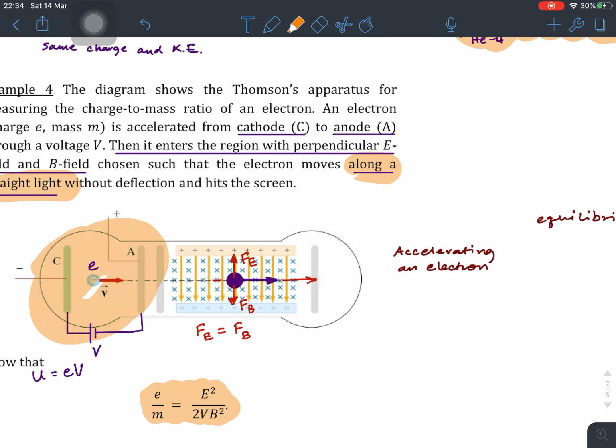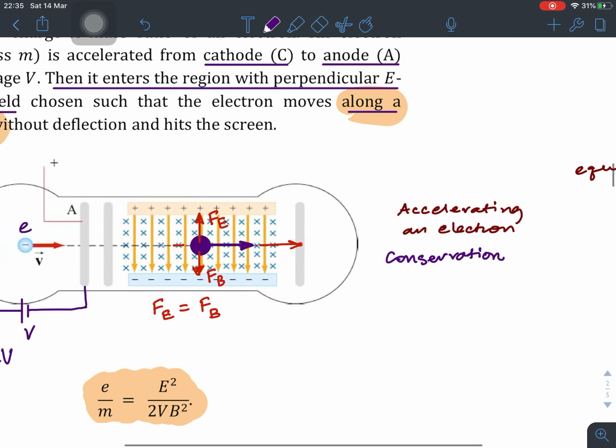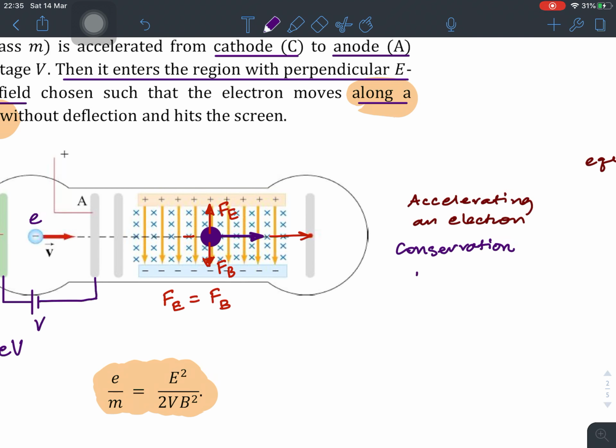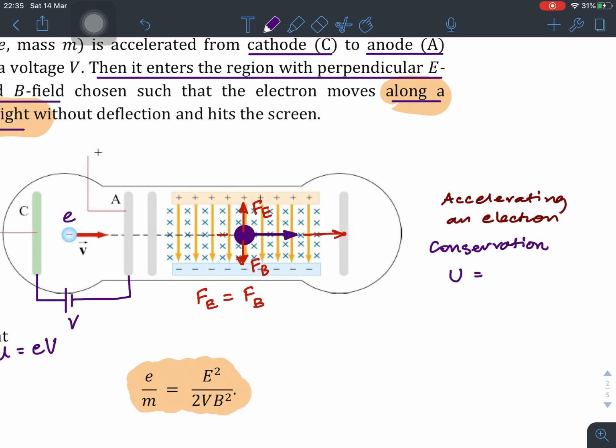Firstly, we will consider the first step of accelerating an electron, so we consider this region. To do that, we use the conservation of energy again, so that we can write down the energy before, which is the potential energy U, and the energy after the acceleration, which is the kinetic energy K, when the electron moves.